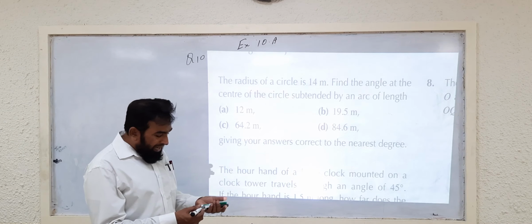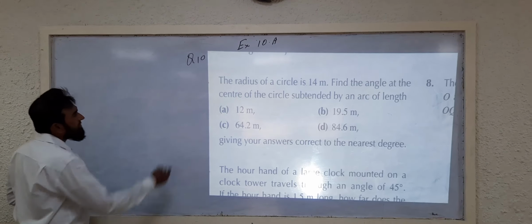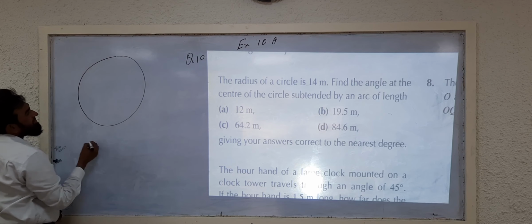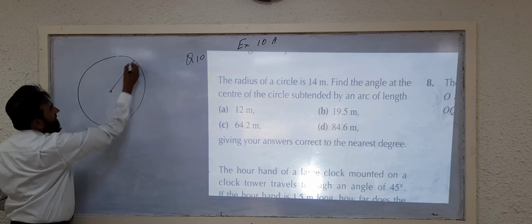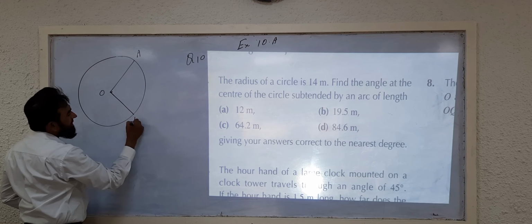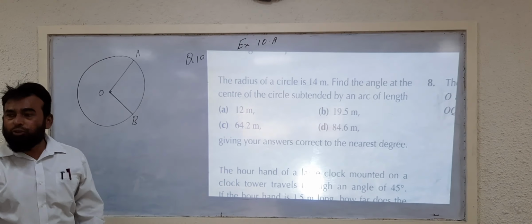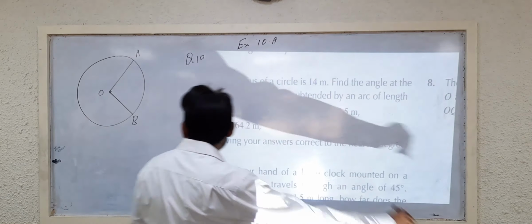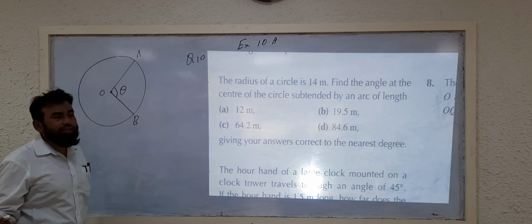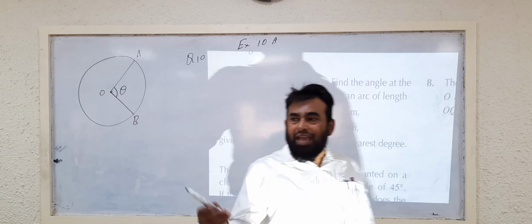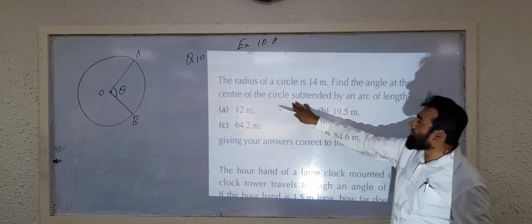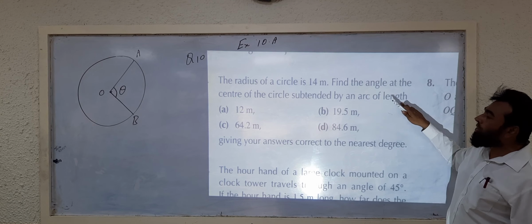Okay. So what we are going to do, we have to draw the figure like this. Here I am going to draw the figure. There is this circle with center O, AB. Say this AB is the length of arc. Angle at the center, say it is theta. I am taking theta as the angle at the center, because he is saying find the angle at the center of the circle subtended by an arc of length.